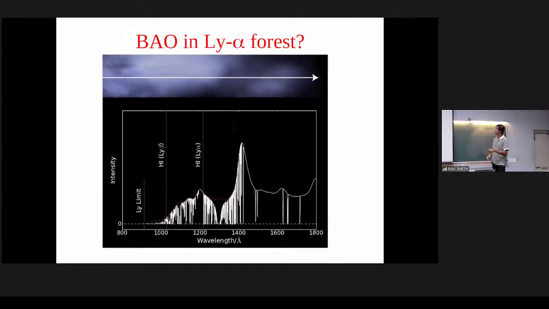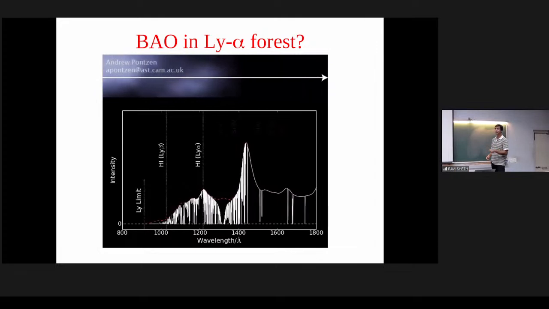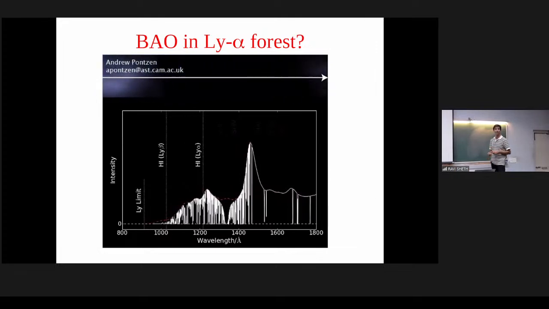Now what you're seeing is this forest of lines, the Lyman alpha forest, which is the gas that got to absorb the photon. This is a map of the baryons in the universe along this line of sight, or along another line of sight, or along another line of sight. You have many different maps of the gas distribution along the line of sight.